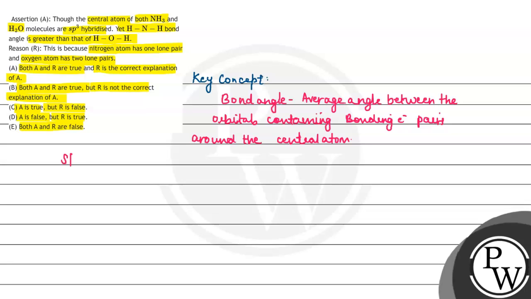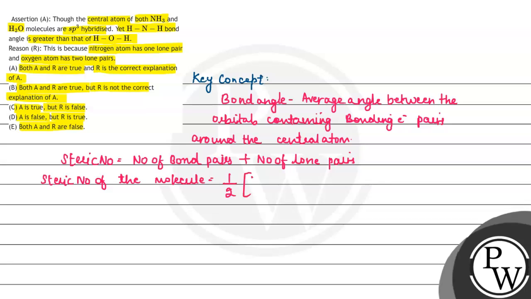So, to calculate the steric number we have a few formulas. First, steric number equals the number of bond pairs, that is the number of sigma bonds, plus the number of lone pairs. Combining both gives the steric number. And to calculate the steric number of the molecule, there is a formula: half of V plus M minus C plus A. Here V is the number of valence electrons, M is the number of monovalent atoms, meaning those forming single bonds, that is all halogens and hydrogen.